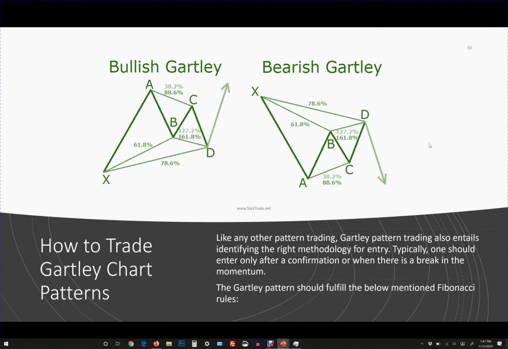How to trade them: like any other pattern trading, the Gartley pattern trading entails identifying the right methodology for entry. Typically, one should enter only after a confirmation or when there is a break in the momentum. The Gartley pattern should fulfill the below mentioned Fibonacci rules.